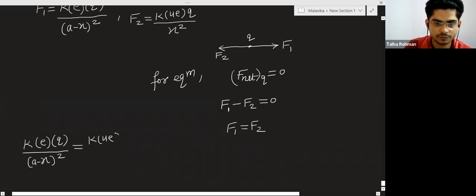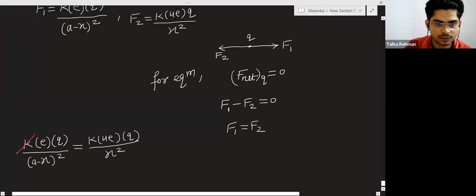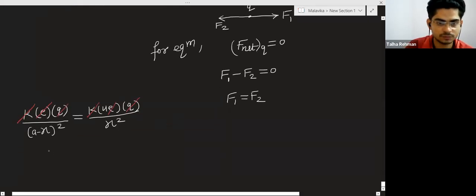K 4e into Q divided by x squared. K gone, e and e gone, Q and Q gone. Means we now have 1 upon (a minus x) whole squared and 4 by x squared.